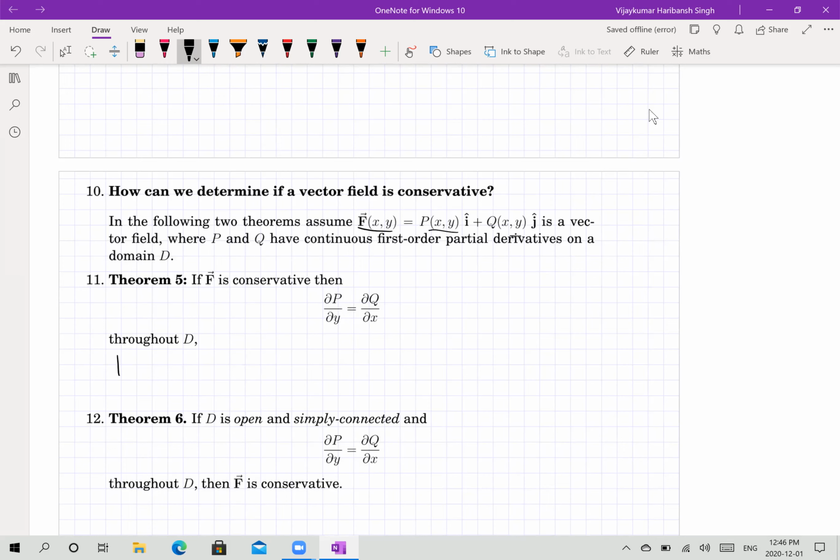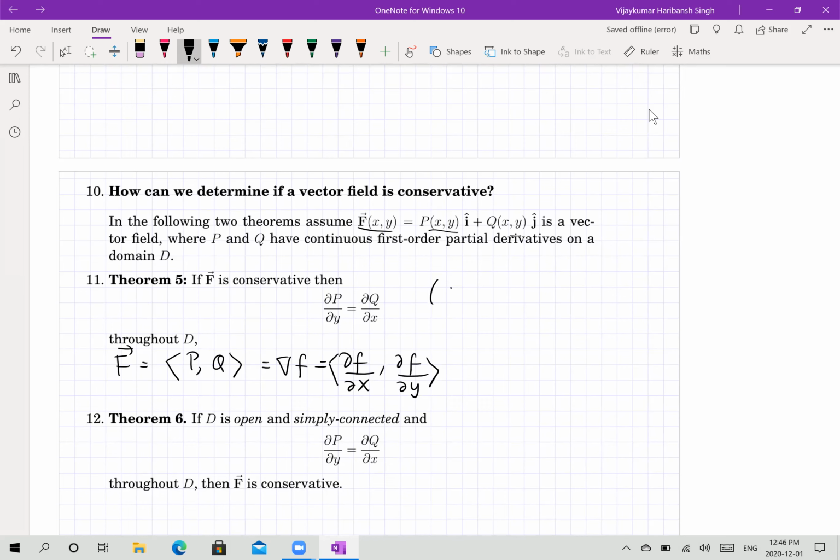Let's see. We have the vector field F is conservative. So this is P, Q, and that is equal to grad f, which is dou f by dou x, dou f by dou y.